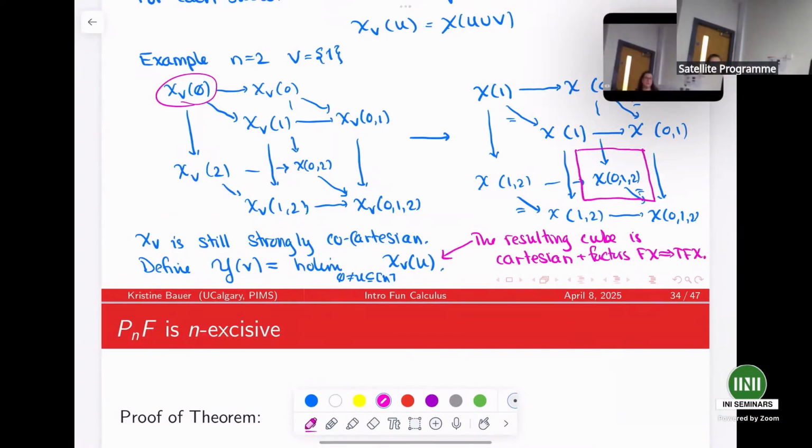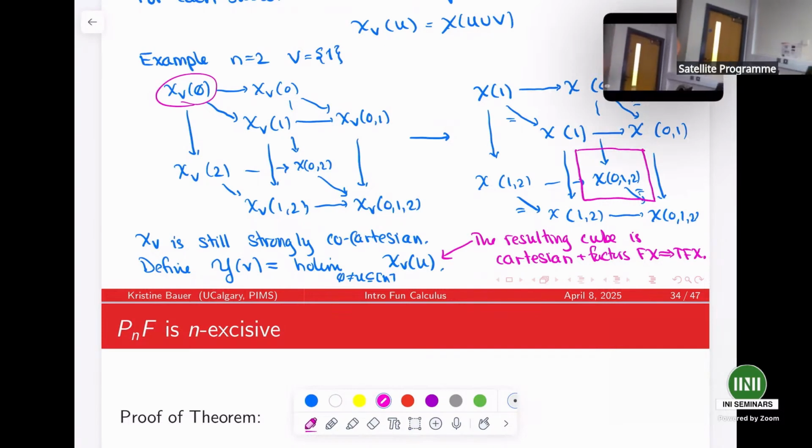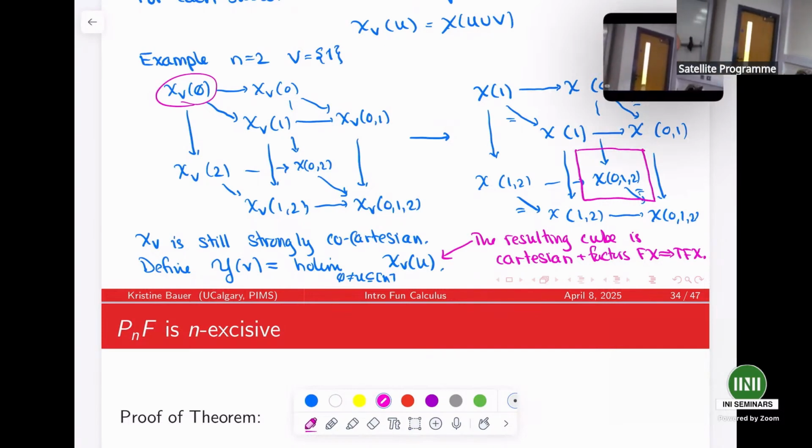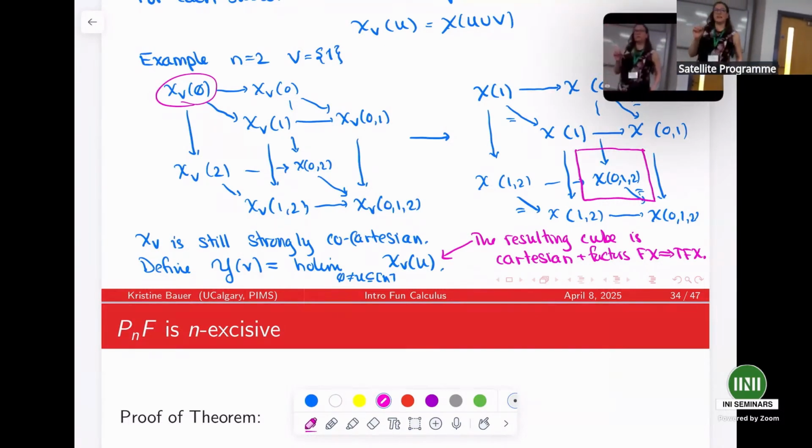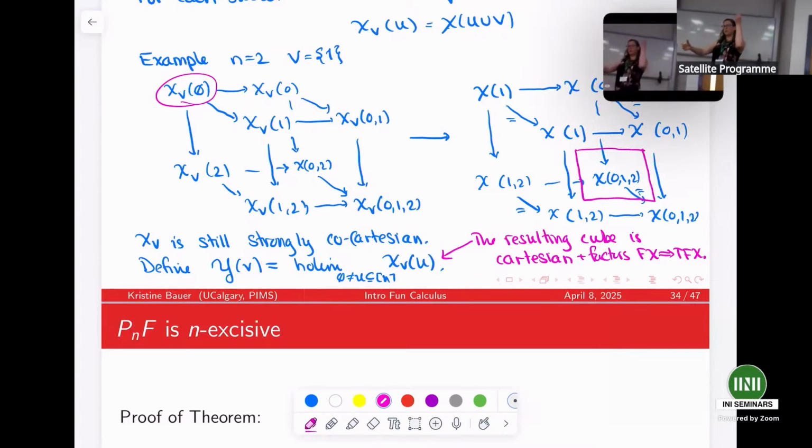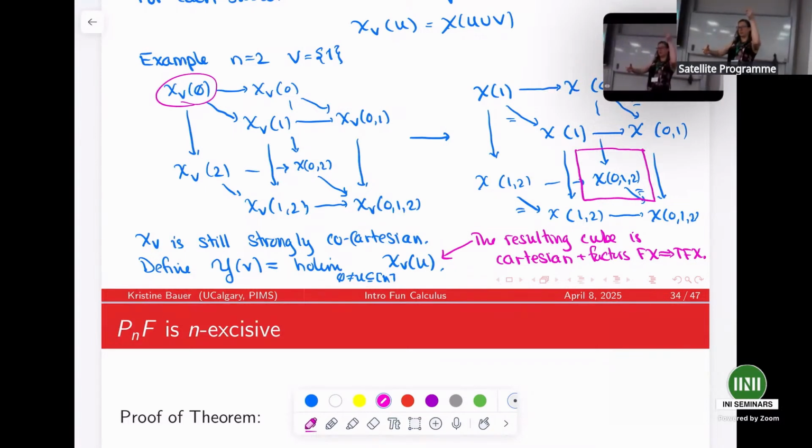I didn't show you why it is that it factors, but if you try this on our favorite cube, what you'll see is that the y cube doesn't actually change very much. It takes our original cube and it's the identity most of the time, but it changes the 0th vertex, the empty set one, to t. And so on our favorite cube, it's the identity most of the time, and it's the map to t on the last one, and then the rest of the vertices map to tf the way that they did before.